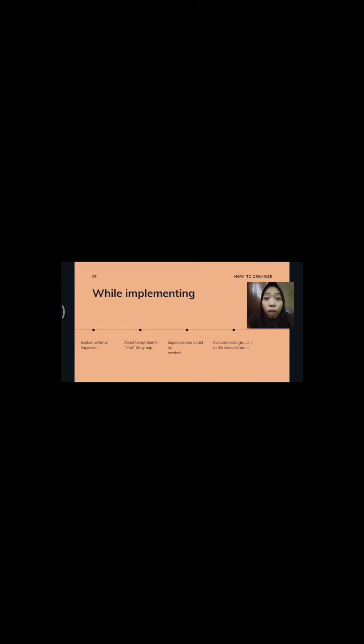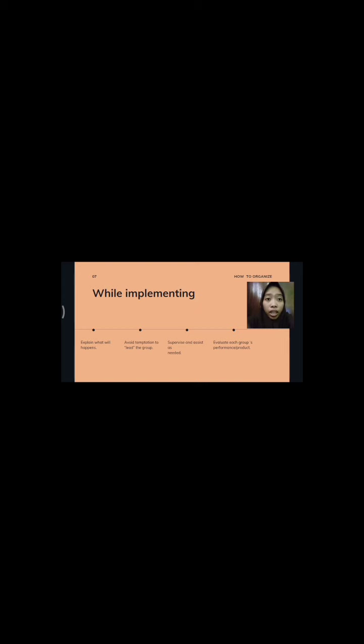You have to explain what will happen in your class, such as collaborating with each other in the group, listening to each other, discussing with each other, and so on. And also you have to avoid putting the achiever student and the popular student in one team, because it can make your students complain to you, and they will not approve of your decision.